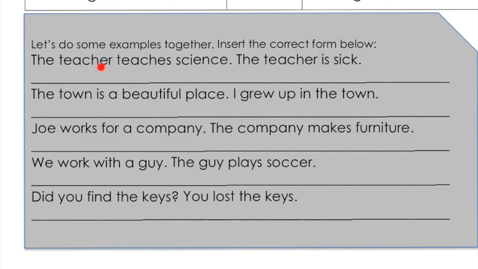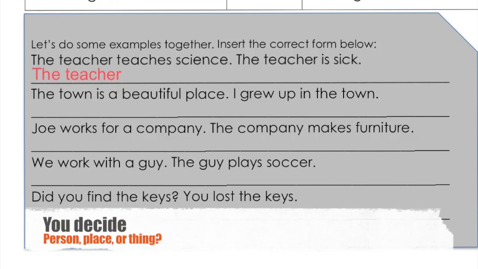Here you could connect the teacher. So let's try and explain some more information about the teacher in a sentence. We can start it with, "The teacher." Now is this a person or place or thing?